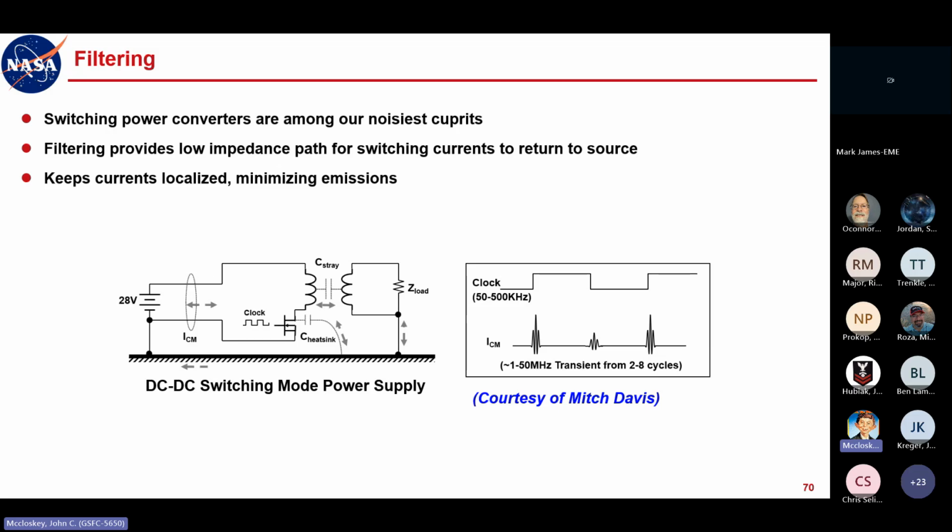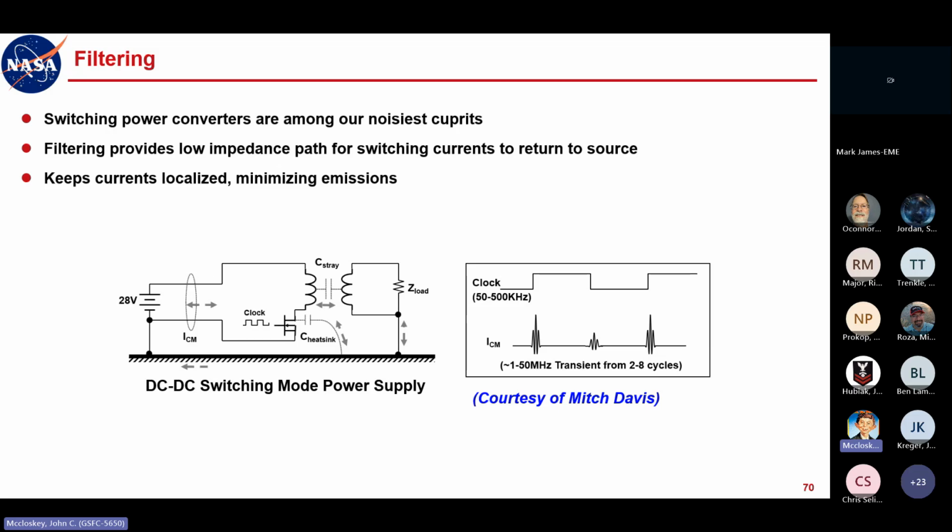They've really done a tremendous job of addressing this very problem so that it's something we don't even really have to think about. We can focus our attention on new interesting problems. They just have a really good process, design techniques for doing this filtering, so that we just don't have conducted emissions problems from these.